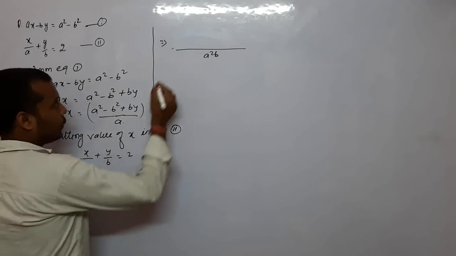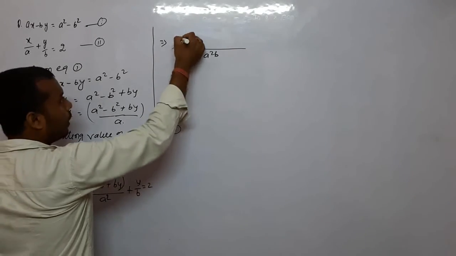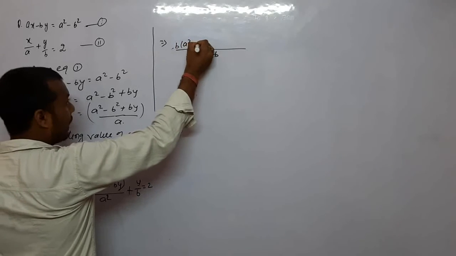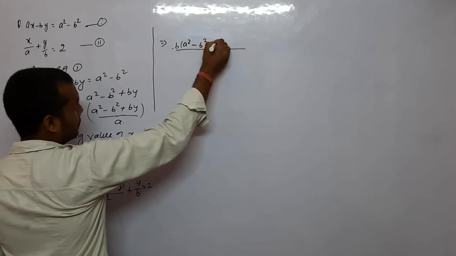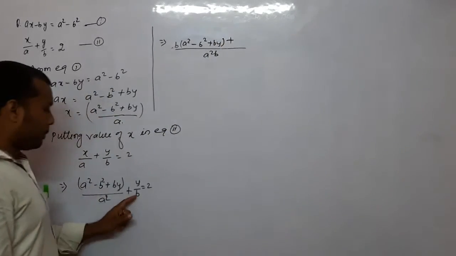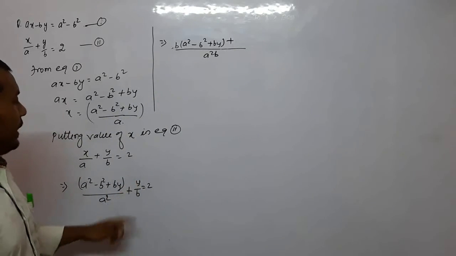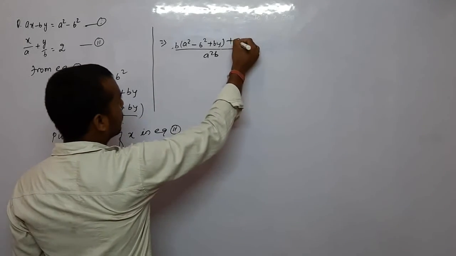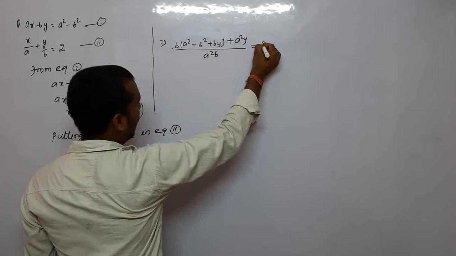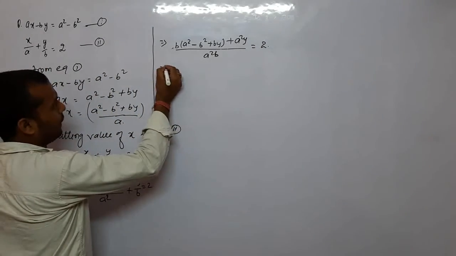You can write here b into a square minus b square plus by, plus, b cancelled out, a square is left, so a square into y. Here we are having 2. Clear?